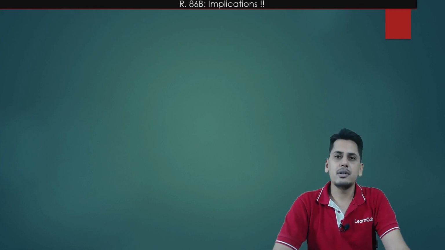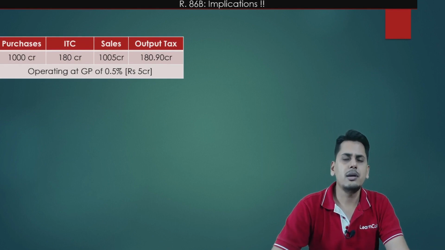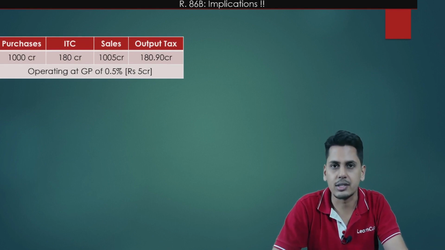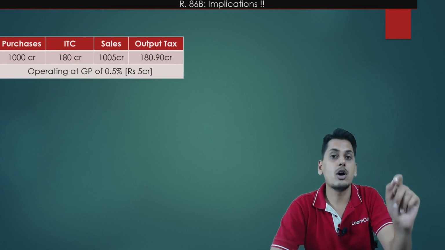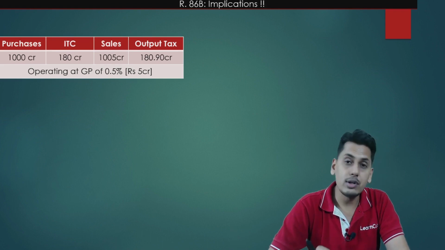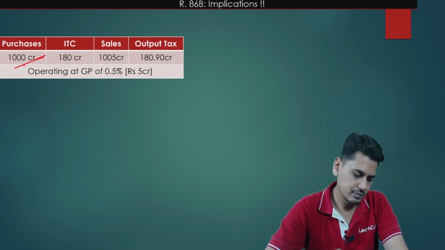Let's take a scenario, friends. Let's say there's a person registered under GST. He operates at a gross profit margin of 0.50%. It is not 5%. He is operating at 0.5%. Let's have a look at how his figures look. Purchases 1000 crores.